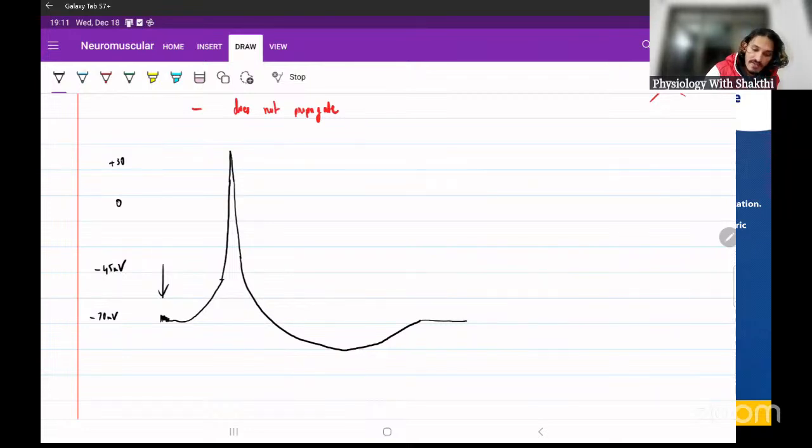So what are the different phases here? One, this whole area is depolarization. And over here, we have the repolarization. This is going to be your threshold.